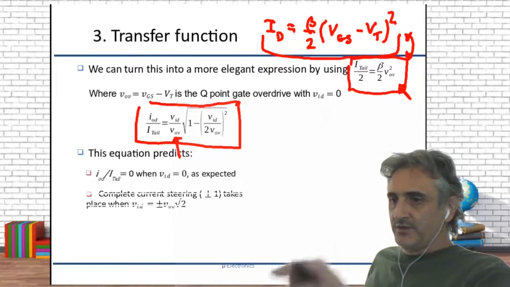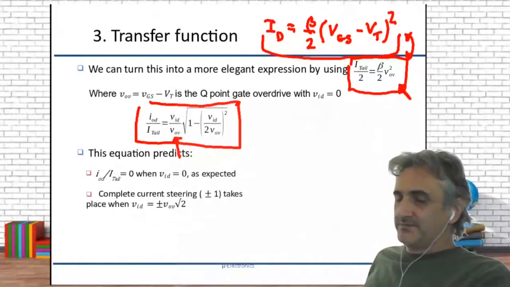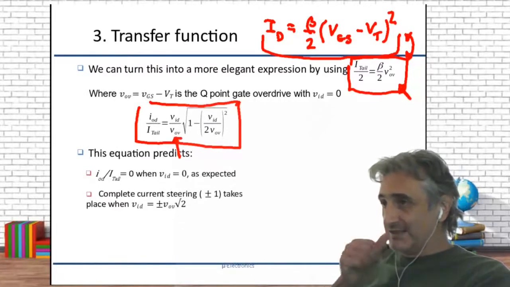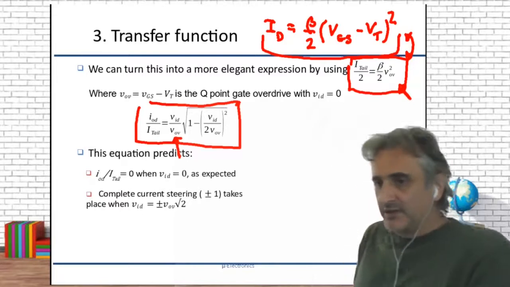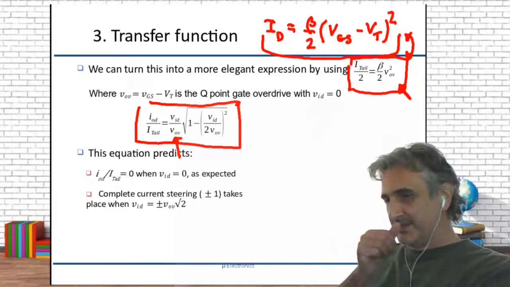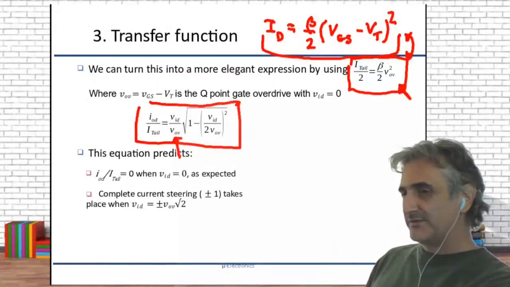Then notice that the complete current steering takes place for some specific values of the differential input. This is related to the quiescent point. The current steering means the relation between the output current and the bias current.